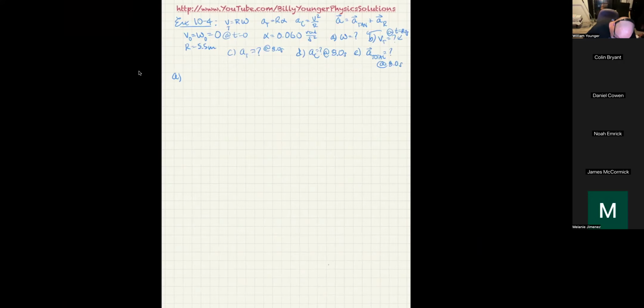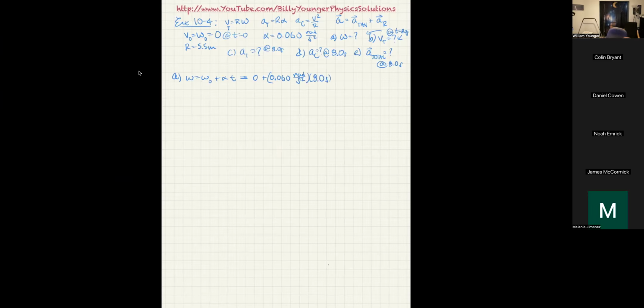I'm going to say omega is equal to omega 0 plus alpha t. In this case, the alpha is a constant, so we don't even have to write the average there. So this is going to be 0 plus 0.060 radians per second every second times 8.0 seconds.